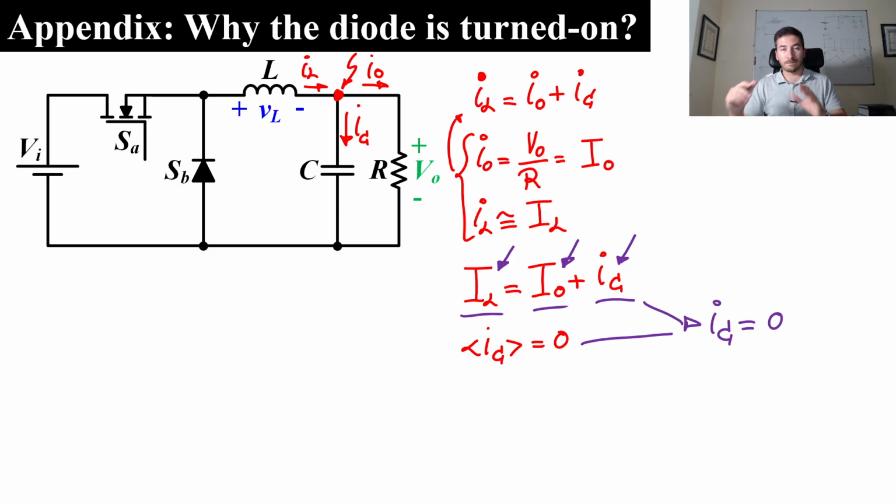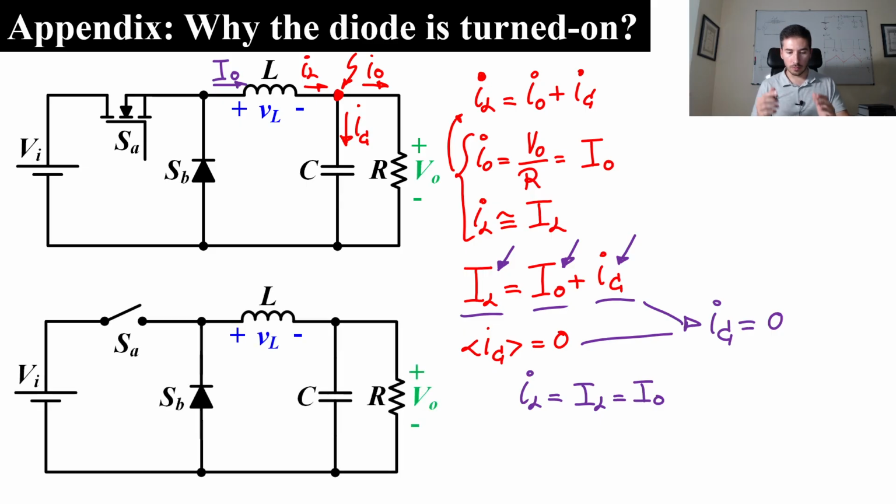In summary, the important thing for this explanation is that the current through the inductor is constant, is equal to the output current, and it flows from the left side to the right side. So now, if we know that we have that current, let's consider what happens when we turn off the switch A. In the transition from state 1 to state 2, we turn off this switch.